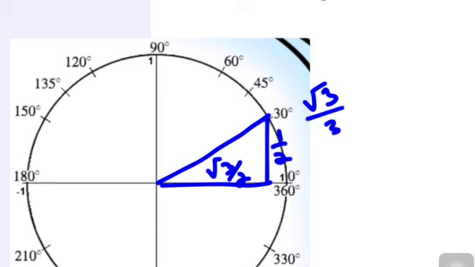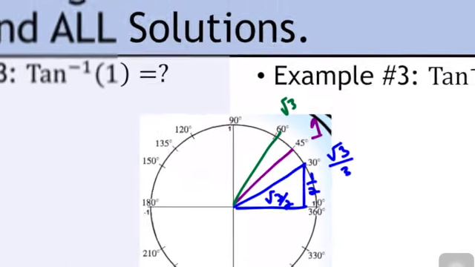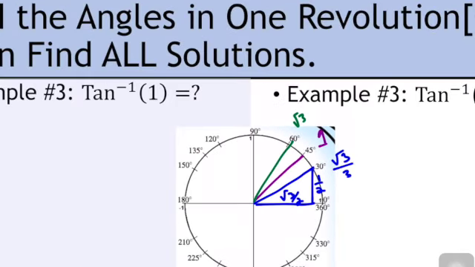Then at tangent of 45 degrees, I end up with radical 2 over 2 divided by radical 2 over 2. That's going to give me a tangent value of 1. And then for the last one, I end up with radical 3 over 2 divided by 1/2. So that just ends up giving me radical 3. So it's really good to know those 3 tangent values.